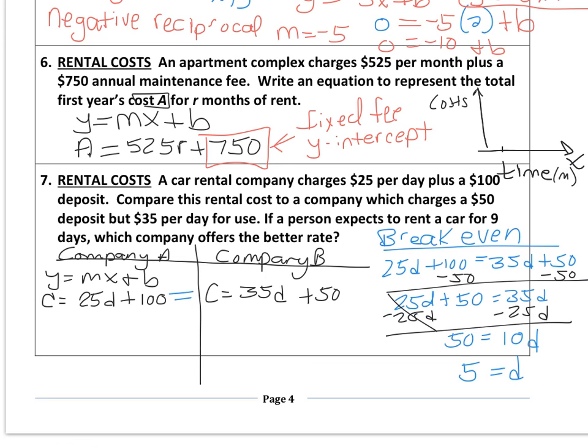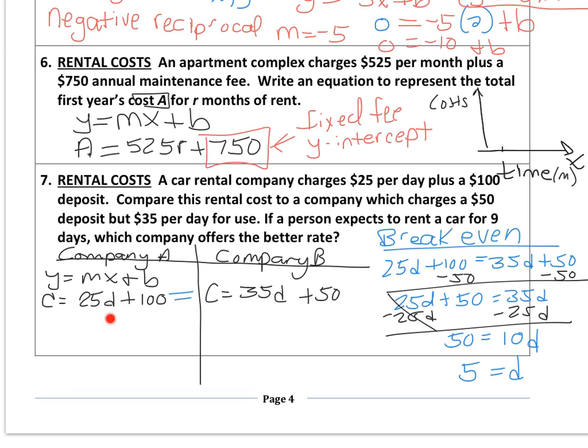So what does that mean? If we were going to go ahead and rent for exactly 5 days, well, it wouldn't matter. Between company A and company B, they're identical. So let's take a look at what happens if we rent more days. I'd like you to make a theory or make a guess before you actually do the math.